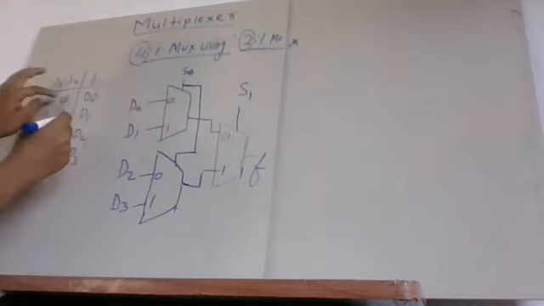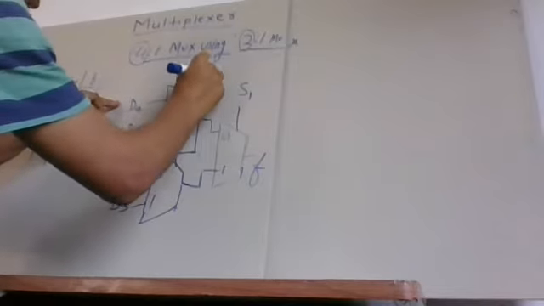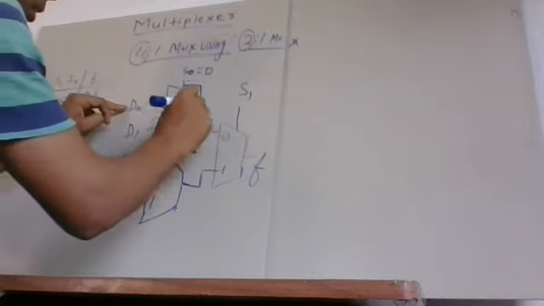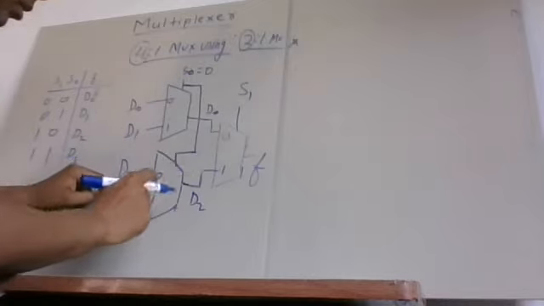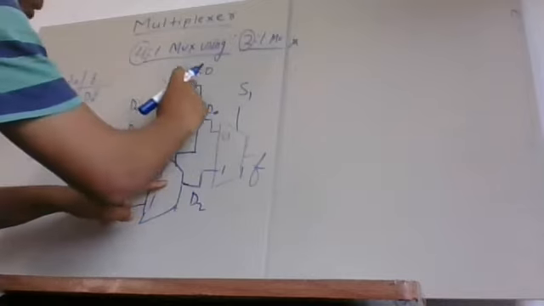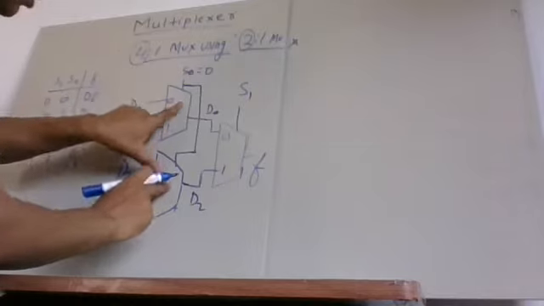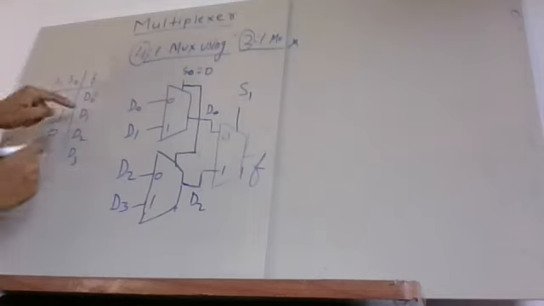So you can see here when S0 is 0, it will transfer D0 to here and D2 here, because the same S0 is connected to this multiplexer and this multiplexer. So S0 controls both. When S0 is 0, this multiplexer output is D0 and this multiplexer output is D2. Same thing we can see from here also.